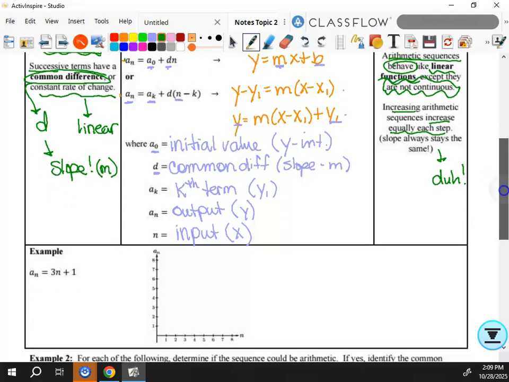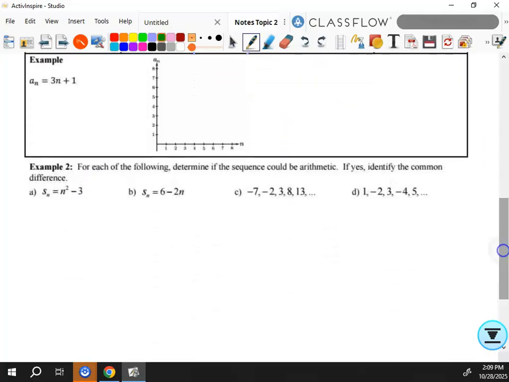All right, so let's start off with something very simple here. a sub n equals 3n plus 1. Over here, our input is n, our output is a sub n. We're going to do 0, 1, 2, and 3.